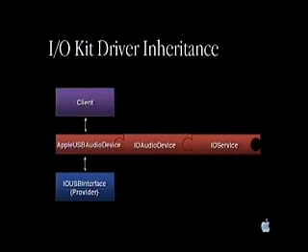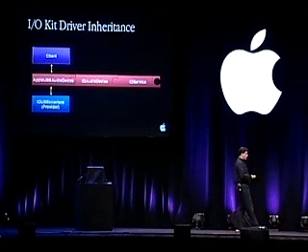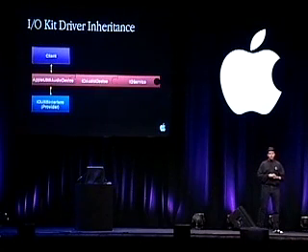This slide is here to show a distinction between being a driver, and the distinction that we want to make is who your provider is and what member of which family you are. For example, the Apple USB audio device is a member of the I/O audio device family.